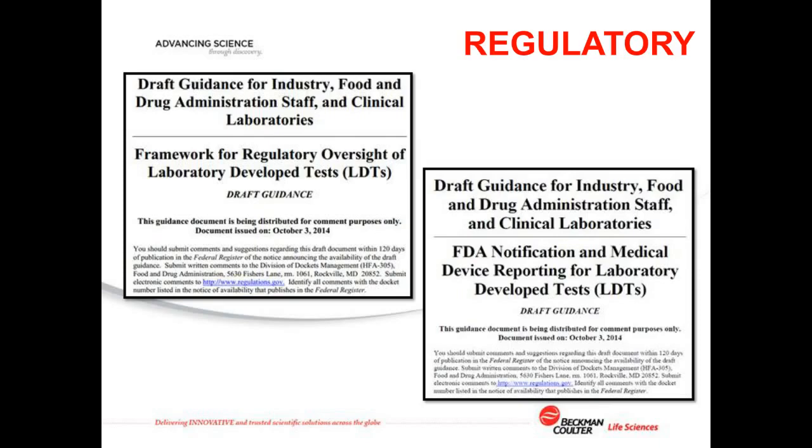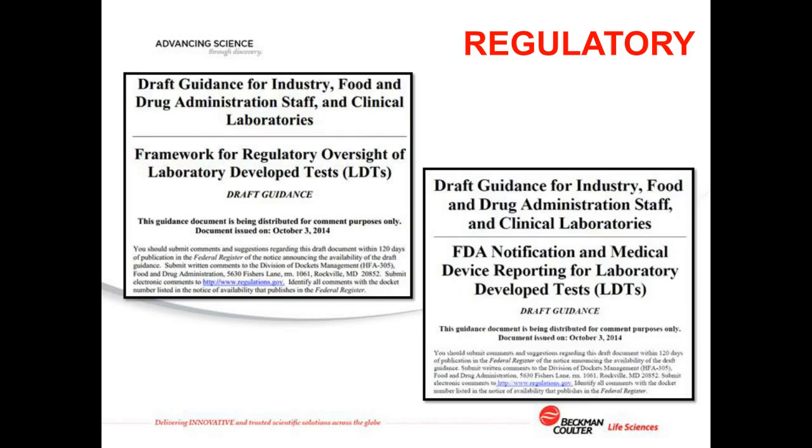So most of the testing that is done in a clinical laboratory, in terms of the types of tests, most of those are actually laboratory developed tests. They're actually not in vitro diagnostics. Now, in terms of the total test volume delivered, because some of the tests are so high frequency, something like a CBC or say a sodium potassium, serum electrolytes or something, of course those are all in vitro diagnostics.